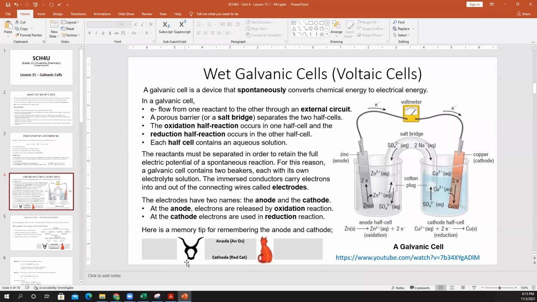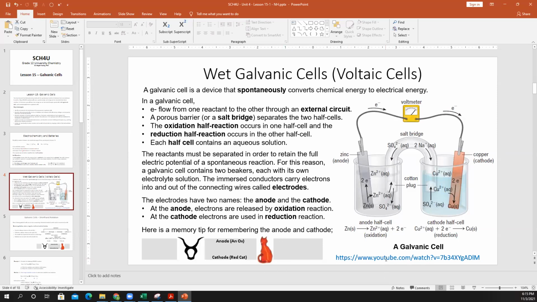If you can picture an ox, that's where the oxidation reaction occurs. And for the cathode, if you remember red cat, so an ox, red cat, that might help you remember that reduction happens at the cathode, and oxidation happens at the anode. An ox and a red cat.